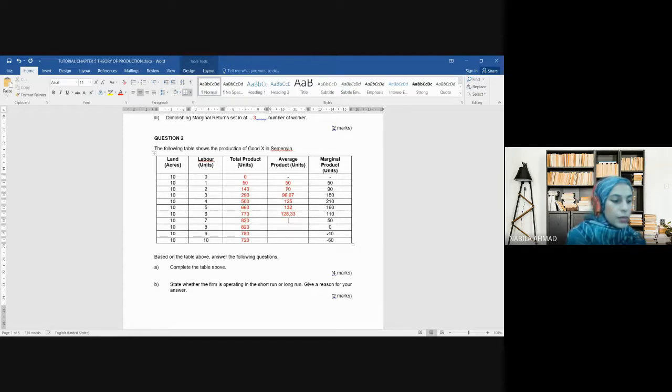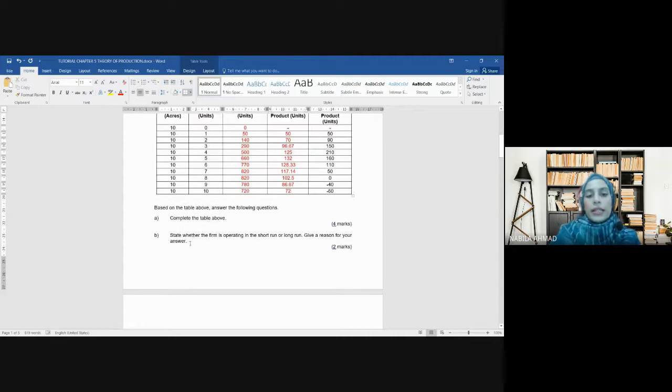And then 820 divided by 7, 117.14. And then 820 divided by 8, 102.5. 780 divided by 9, 86.67. And the last one is 720, is 72.